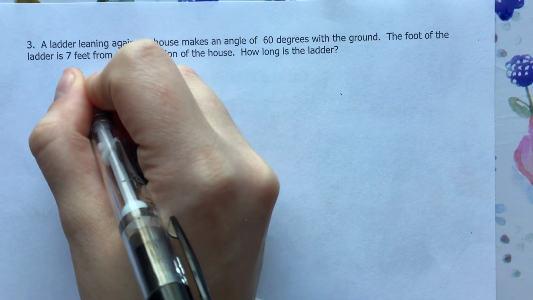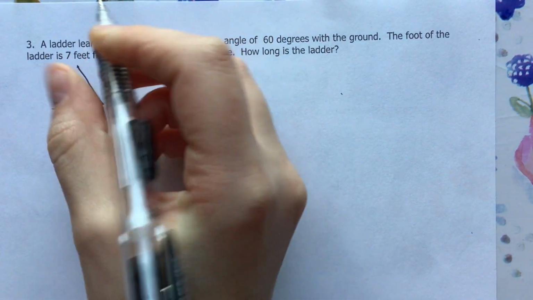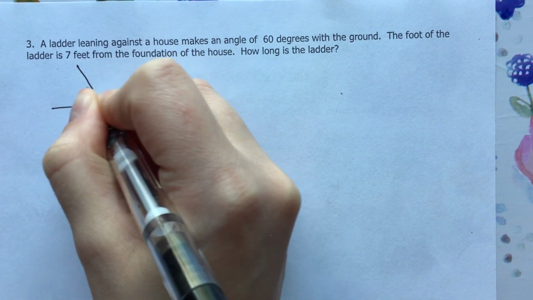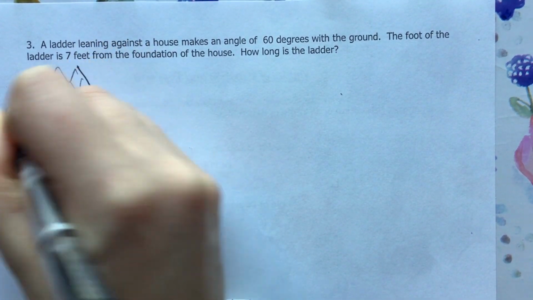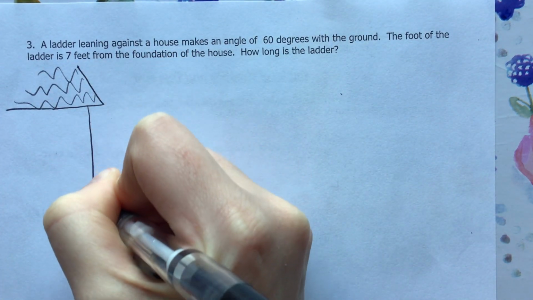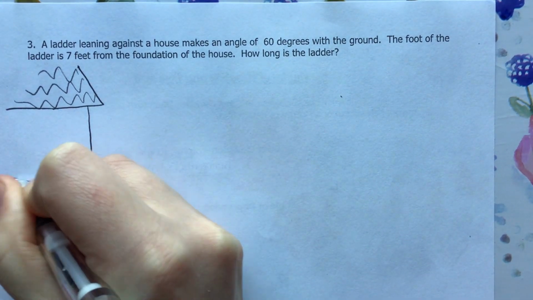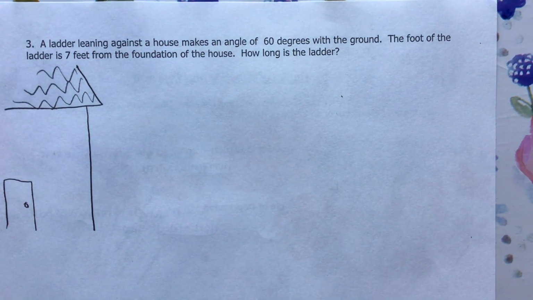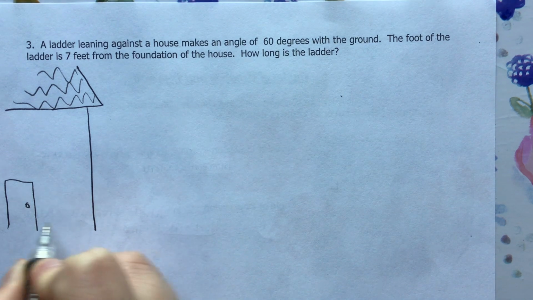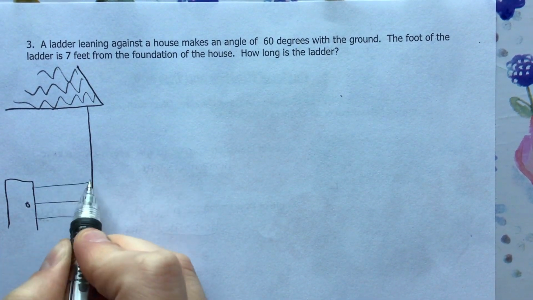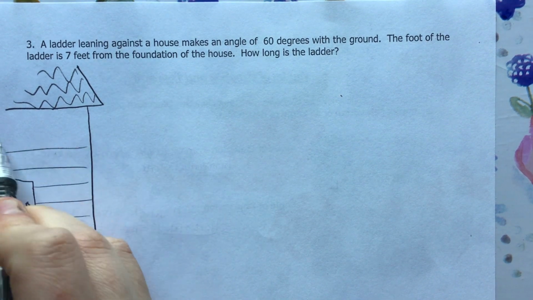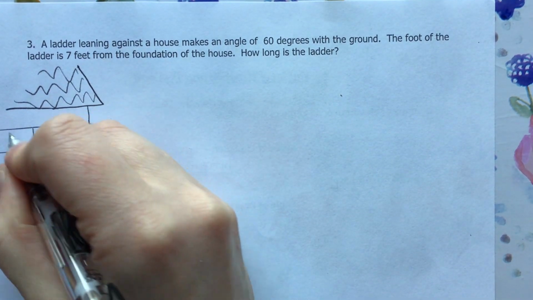So I'm going to draw, you know, this is the roof of the house, and then the edge of the house. We got a door over here. So here's our house, and I'm trying to help you make sense of the image, hopefully.